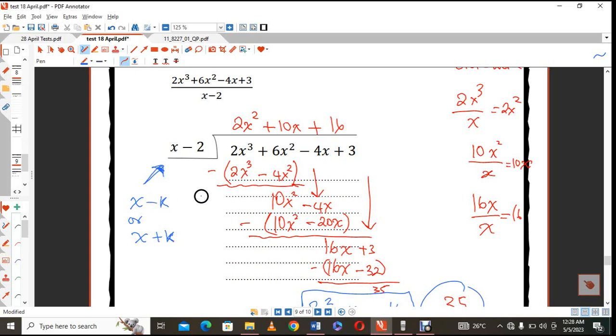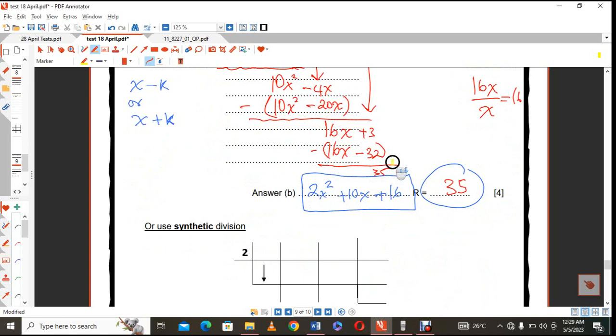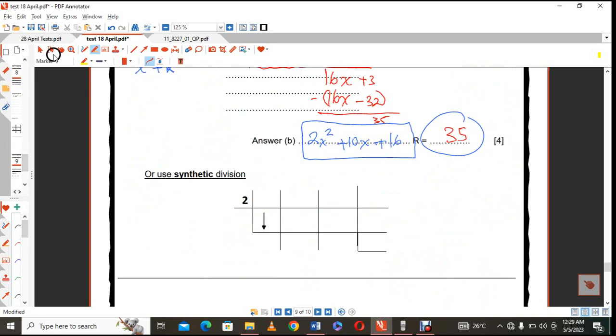What you do is take the coefficients of x cubed, x squared, and so on, with their signs. The terms are going nicely down in descending order: x cubed, x squared, x to the power 1, x to the power 0. If one term was missing, you would put a 0. So we have 2, 6, negative 4, and 3.